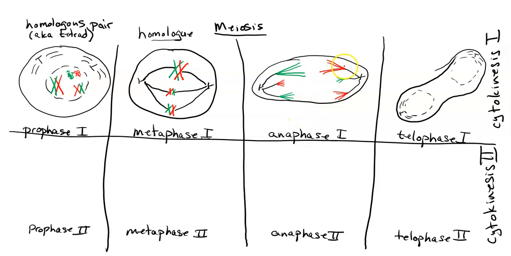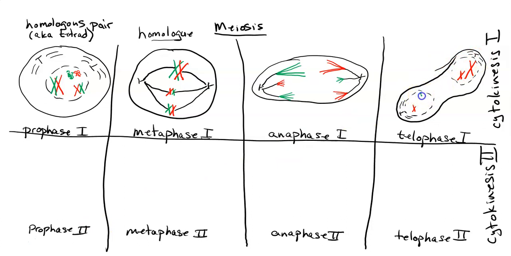Now, on this side we have the large and medium red. So we have the large and the medium red chromosomes. And on this side we have the small red chromosomes. So let's make this medium a little bigger. There we go. And on the other side we have the green.